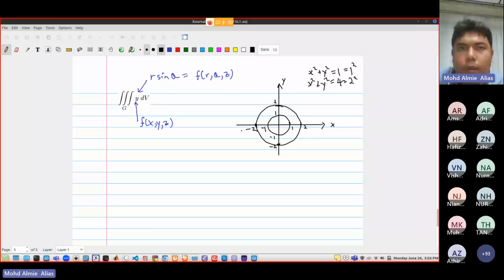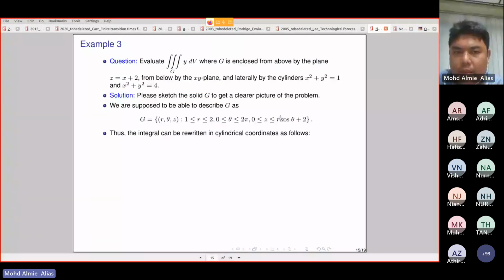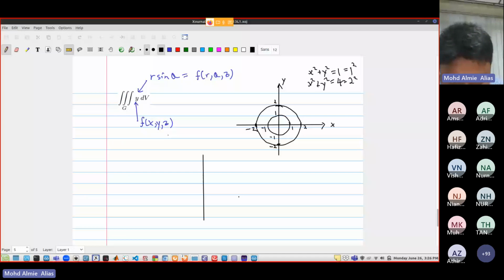So the view from the top is actually something like this. This is a circle, which is a 2D object. But now in 3D it's a cylinder. Let's just sketch this quickly.